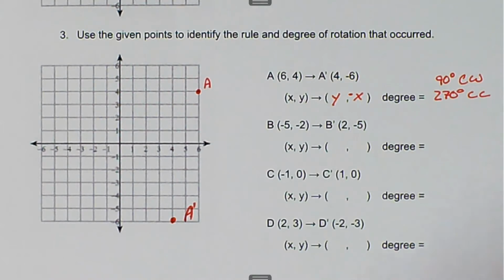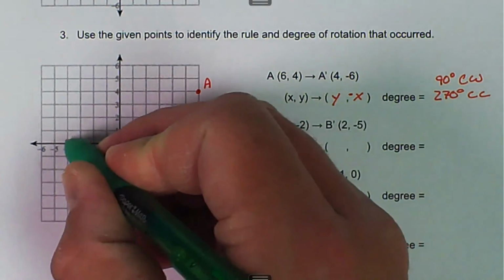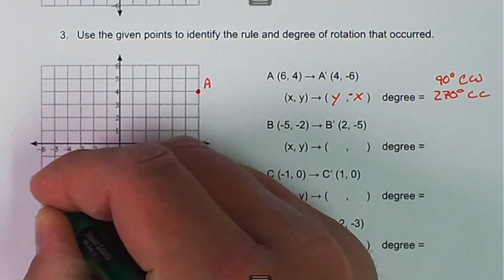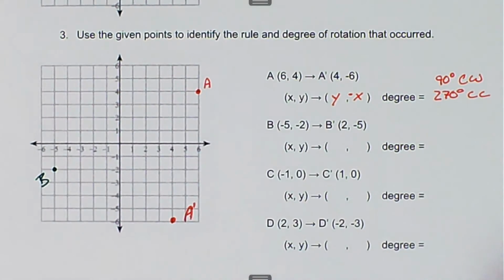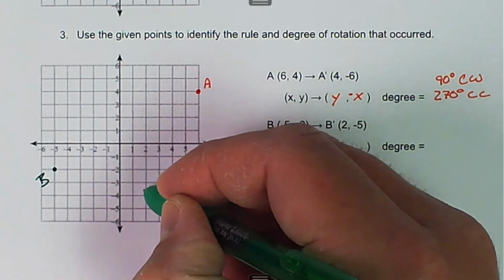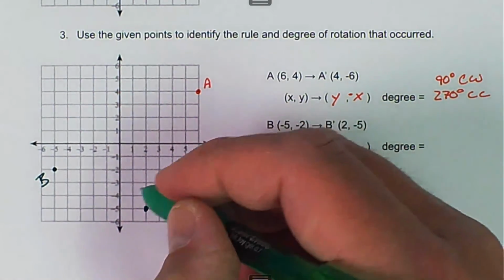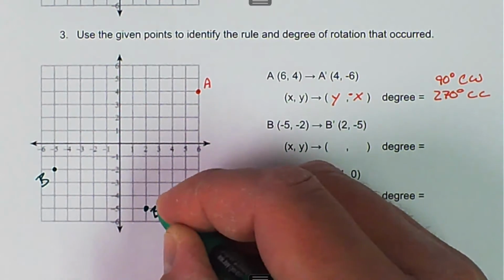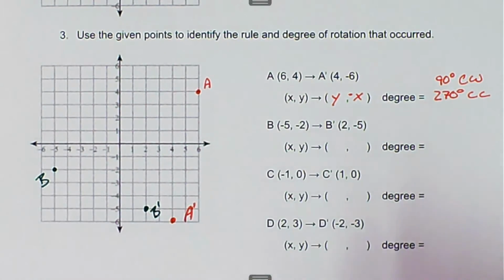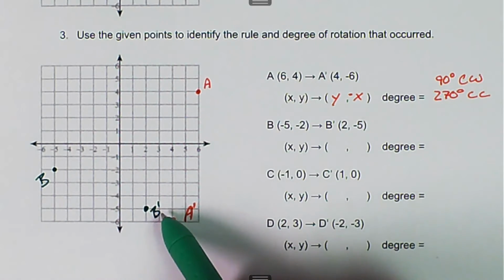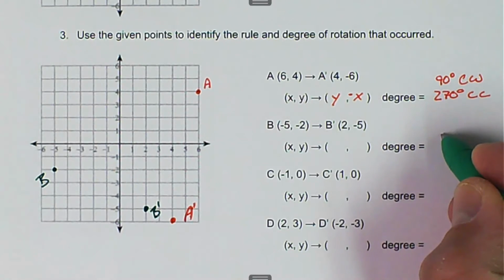Next we have our B value, which is (-5, -2). And that's going to be our B value. And our new coordinate is (2, -5). So the degree is real easy. We went counterclockwise 90 degrees.